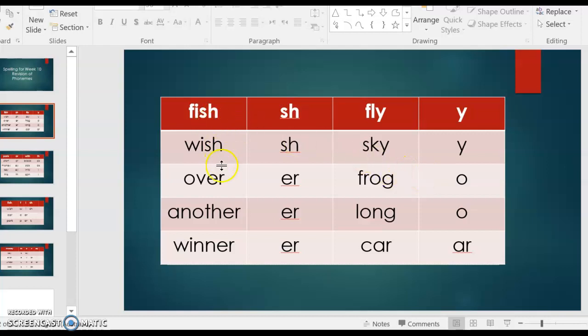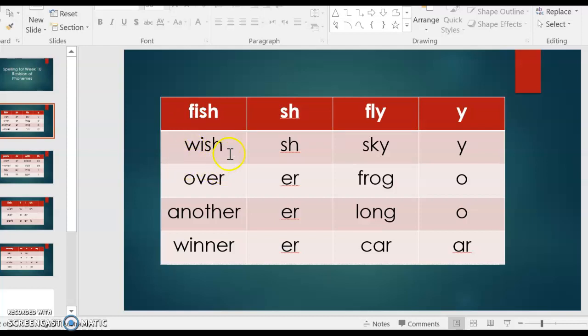All right, so we're going to go through the words and we're going to just focus on the digraph, or in this case, the graph. First word, fish. The digraph we concentrated on was sh, fish. Same thing, wish, sh. So if you look at fish and wish, you only have to change the first letter and you have a new word.